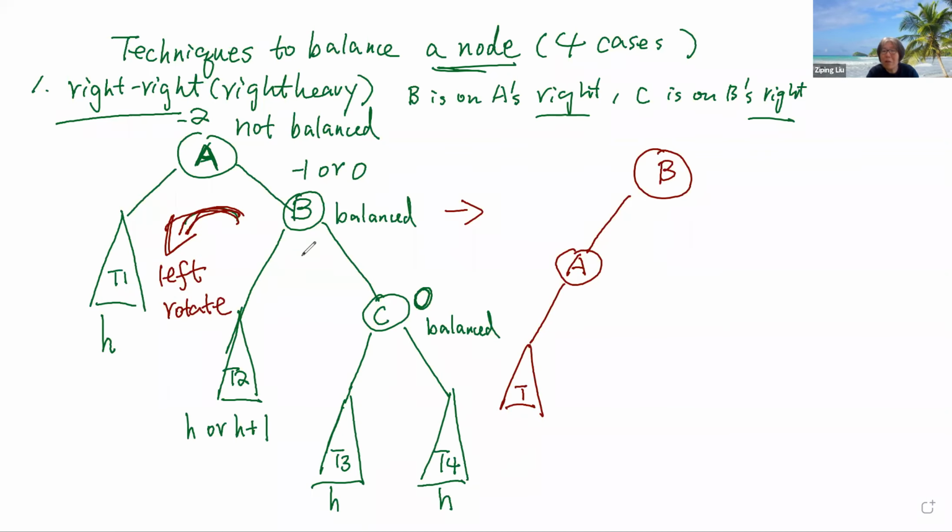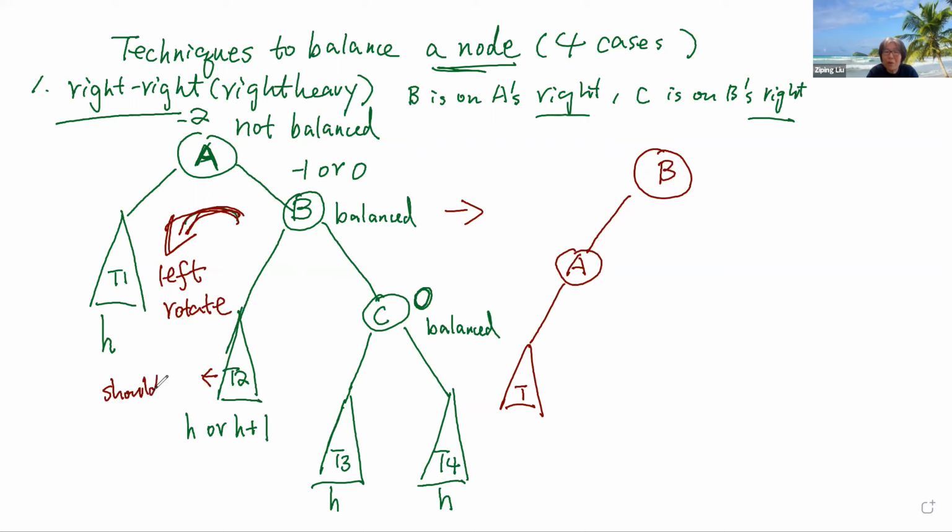But originally node B has its left tree, and you cannot keep it there. So where is the best location to put it?